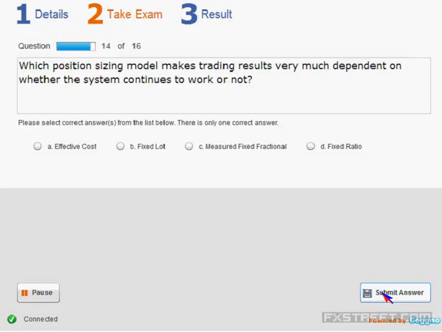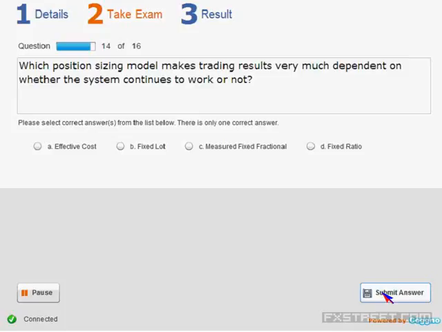14. Which position sizing model makes trading results very much dependent on whether the system continues to work or not? So there are certain position sizing techniques which make you, the trader, very dependent on the system's performance. So you rely on the system's performance, and you have not really an aid from the position size technique.